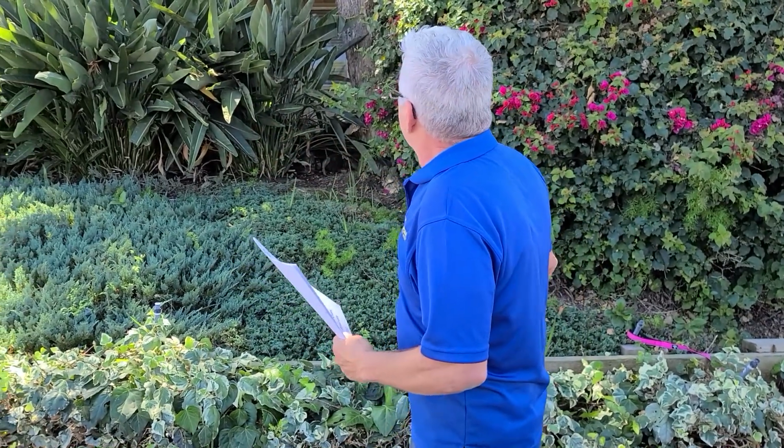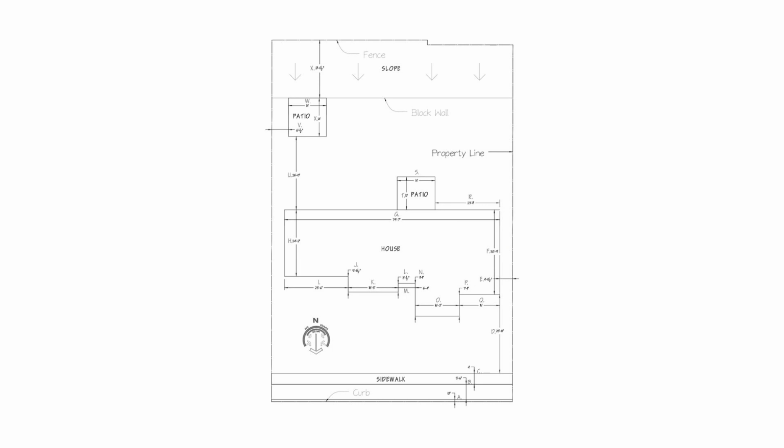Okay, so you're going to do the property line first, and then we're going to start with a corner of the house. I like to start on the right corner and work my way left. First thing you want to do is plot where the corner of the house is. The word plot I want to define.